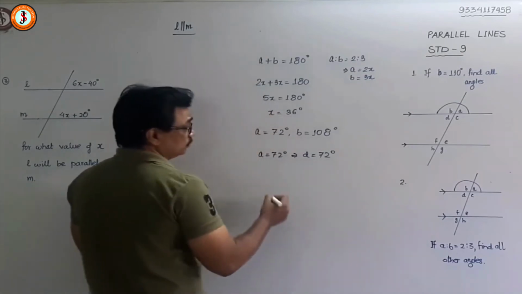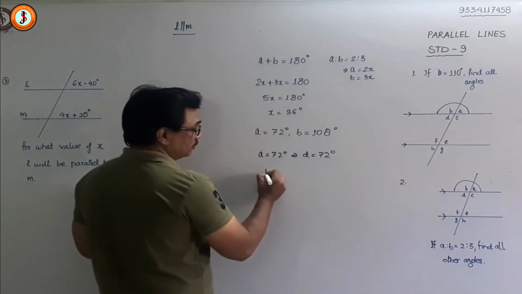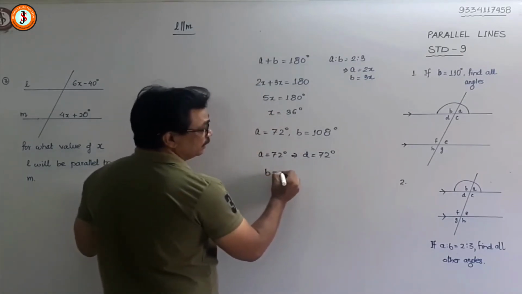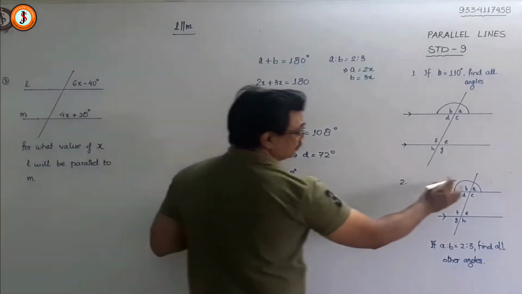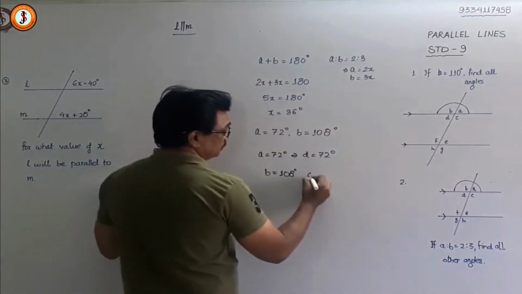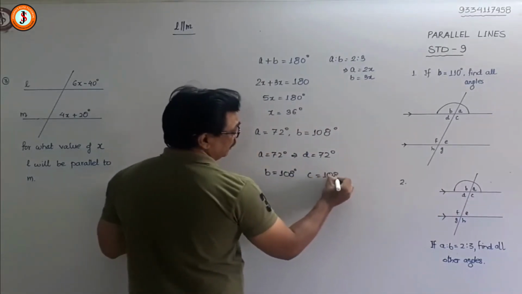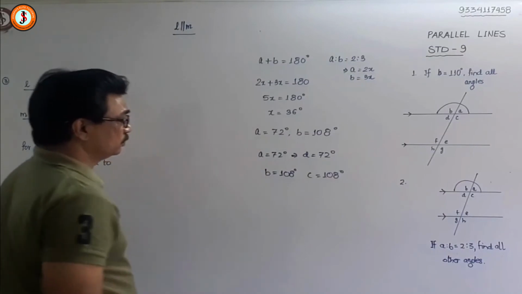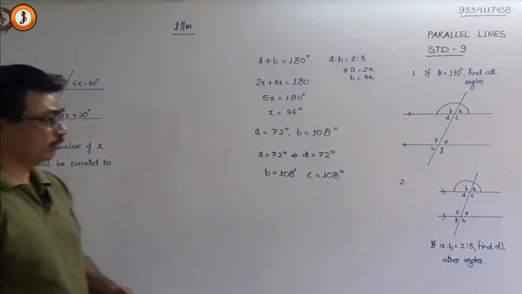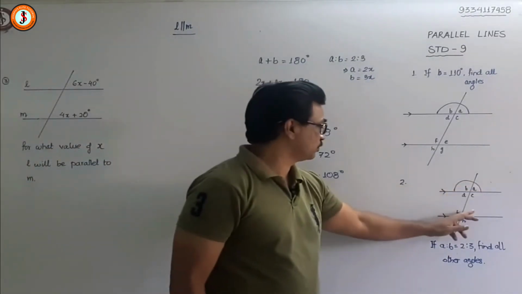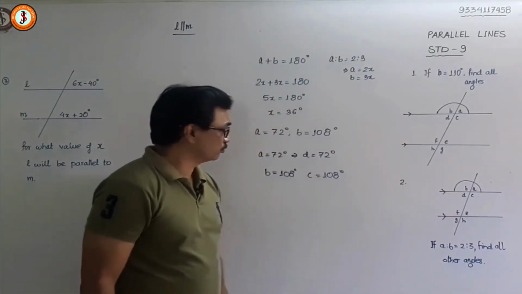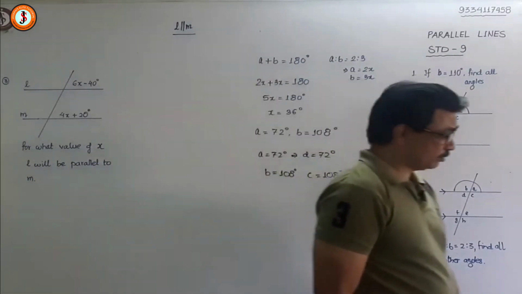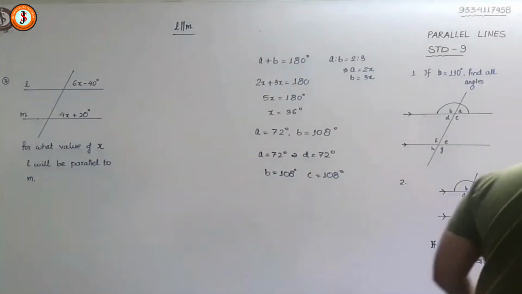B is equal to 108, so by vertically opposite angles C will also be 108 and so on. So you can do this sum also. After that A and E will be corresponding angles, so you'll get E as 72 and so on.